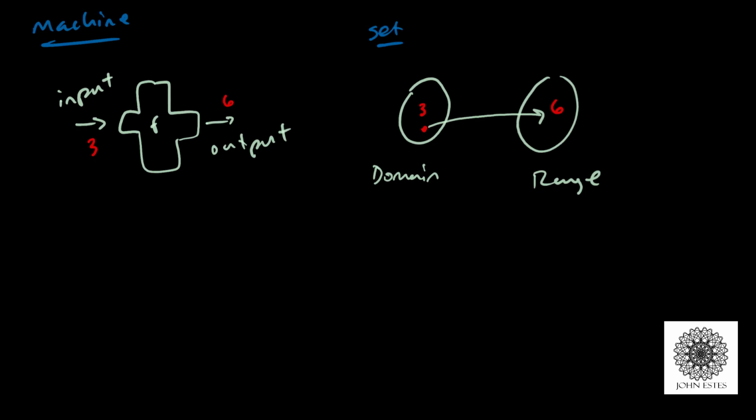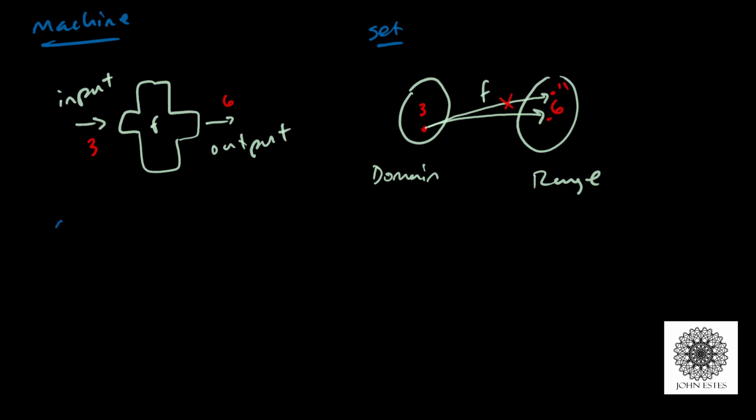So you start off with 3, you end with 6, and your function is what carries that over. And you can easily see that if 3 carried over to a second value, let's say 11, then this is not a function anymore because you have one input going to two outputs. The set picture really helps clarify that.